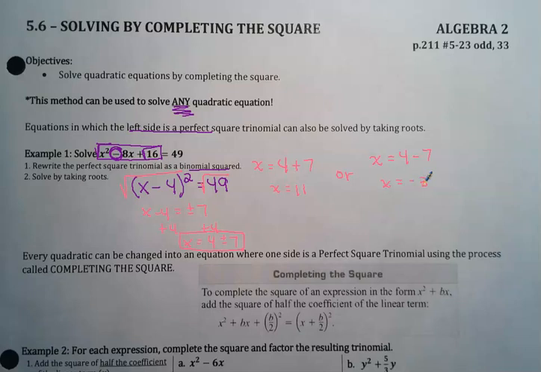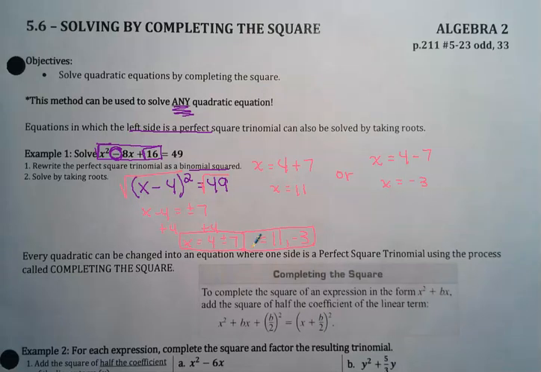So we would say x is 4 plus or minus 7, and then we could say that equals 11 or negative 3. Those are our other options there. So we can write it in a couple of different ways, and it's helpful to know that.